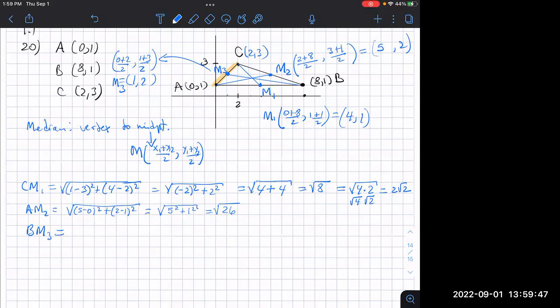Okay, so let's highlight the points involved, M3 and B. So we're looking at this length. Okay, so how do you find that length? Distance formula again. So apply the distance formula, simplify, and what do you get?